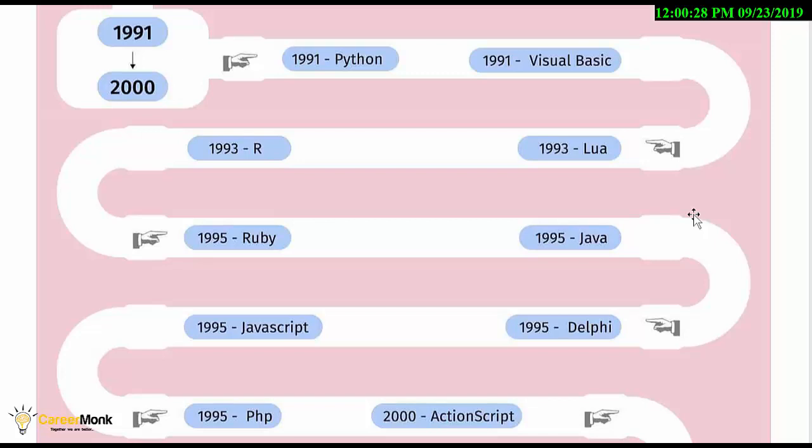In the middle of this decade, Java was released, and Ruby is another language which was introduced in 1995. It has one special framework, which we call the Rails framework. It is mainly used for website and application development. Similarly, in the same year, PHP also came into the picture, and JavaScript and ActionScript emerged as front-end languages.